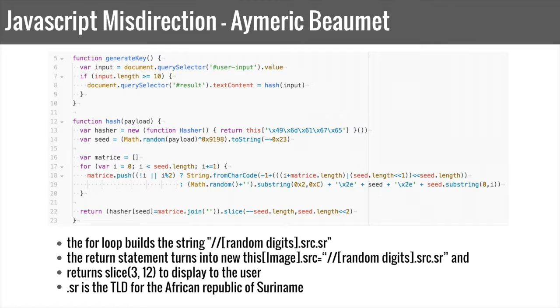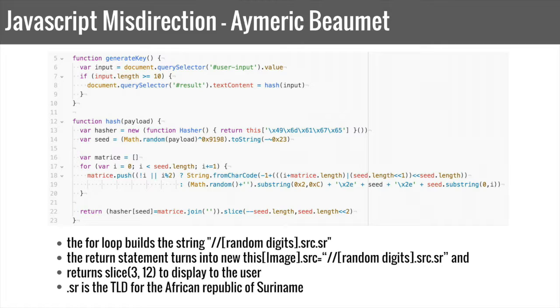And so it's interesting that the string turns into a URL, when it's supposed to be something related to generating a private key. So the fact that it's some weird URL is pretty suspicious. And the return statement is basically returning new this.image.source equals the URL.